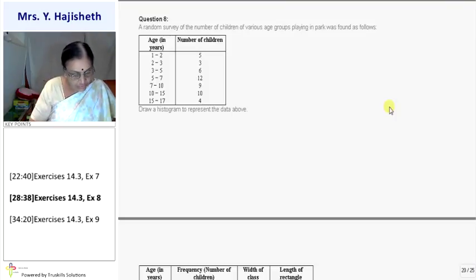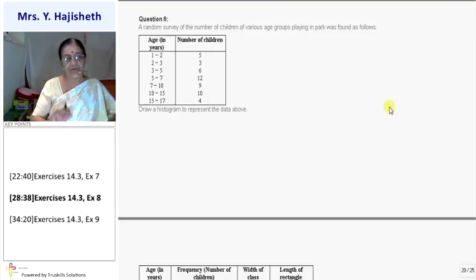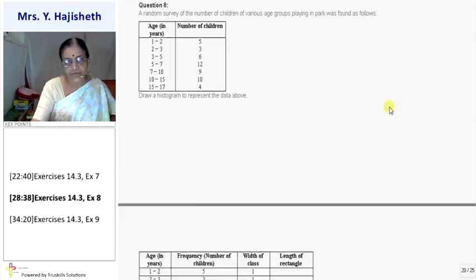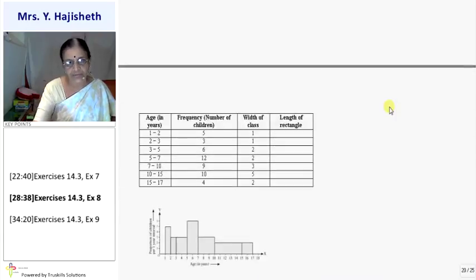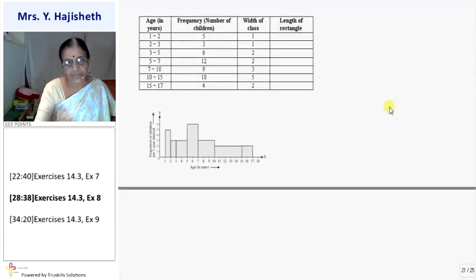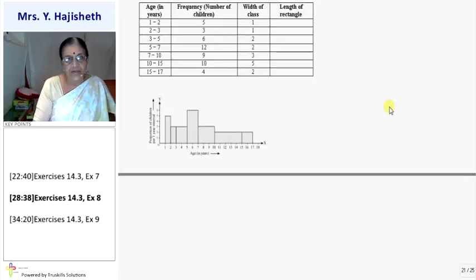Clear? So there is no gap. So directly here I will take classes on the x-axis and frequency, the number of children, on the y-axis with a proper suitable scale. What scale am I going to take? Look here. Have you observed?